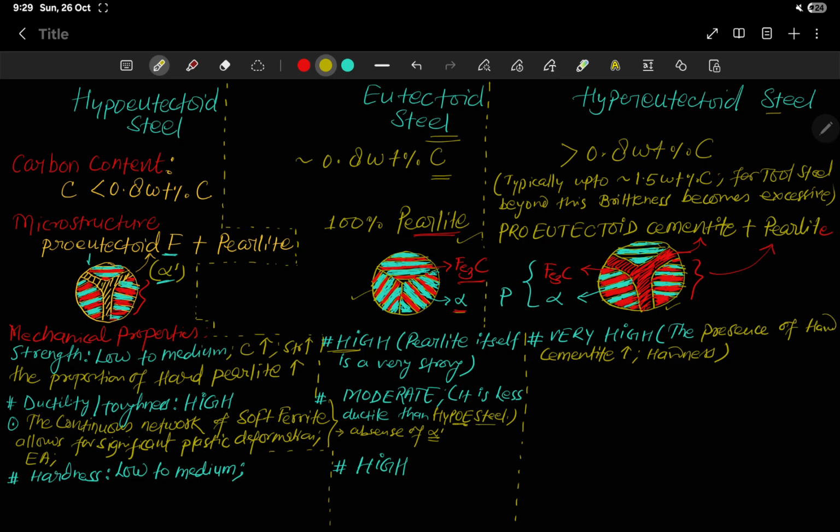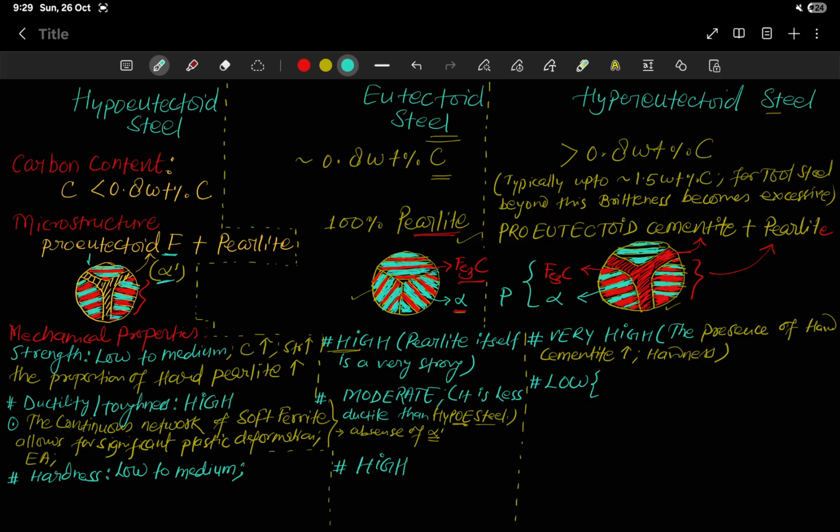Okay, now let's see what is happening for ductility or toughness. I'm not writing this, it is already written on the left side. So ductility and toughness is low. Now you can think why ductility or toughness is low.